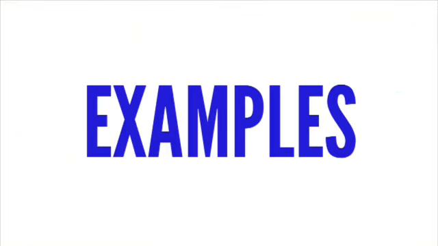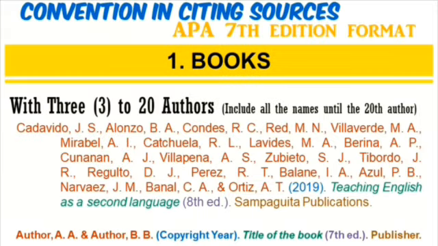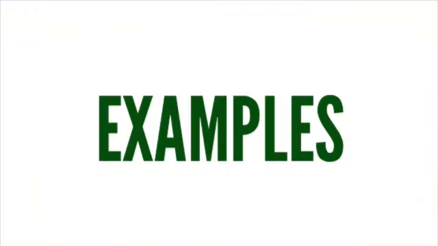Examples of books with 3 to 20 authors. You should include all the names of the 20 authors, but before the 20th author, you should include an ampersand. Examples for more than 20 authors.